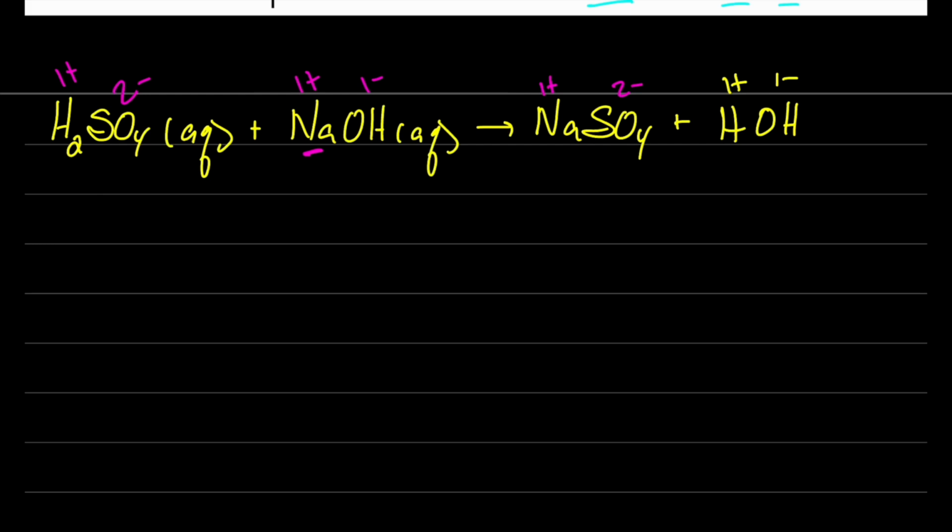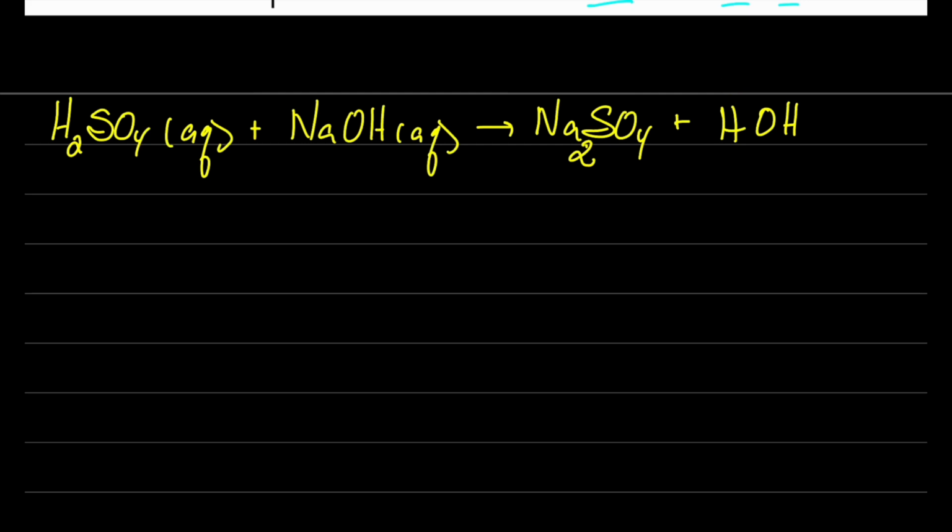Next thing we're going to do is check to see if our charges are neutral. So NaSO4, we have a 1 plus and a 2 minus, not neutral. So let us add 2 Nas there, right? So Na2SO4 is now neutral. And next we have the HOH. So this is where we need to think. So first of all, the neutral, not neutral thing. 1 plus, 1 minus, they're neutral, so we're good there.